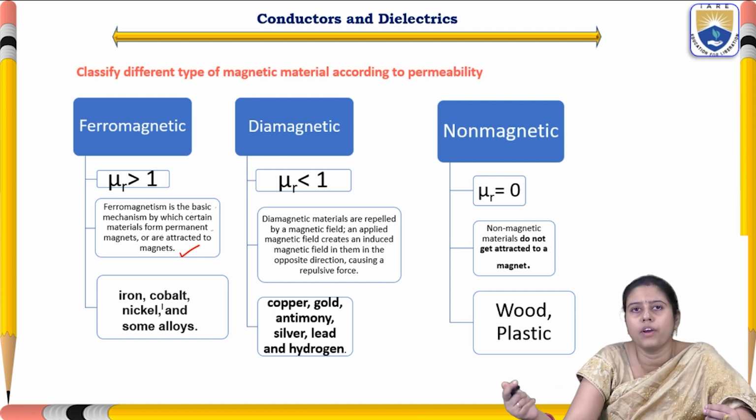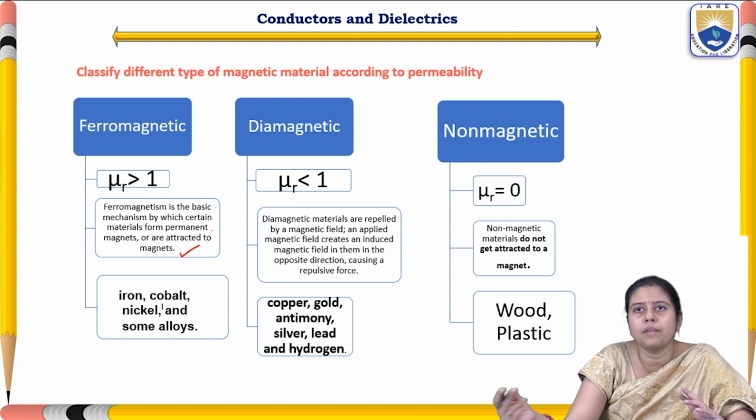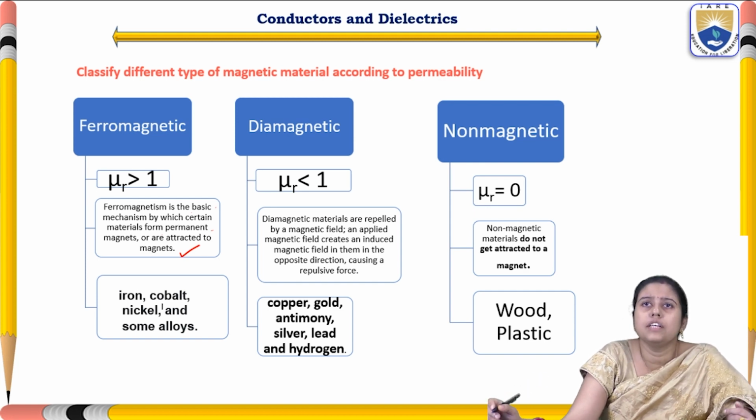Whenever it comes near a magnetic field, another magnetic field of opposite polarity will be induced, and that's why the magnetic field always gives a repulsive force to it. This special property of this material is known as diamagnetism.